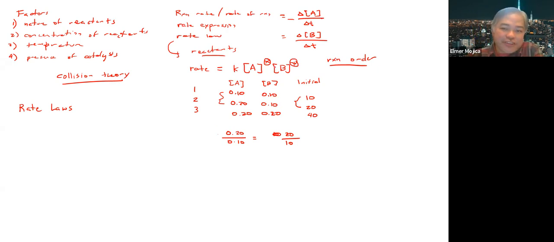So to get the order of the X, you look at the one where you change the concentration of A while B is the same. So the same thing, if you're going to get the order of the B, you look at the concentration where the B concentration changes while A remains the same. And look at the changes in the initial order.